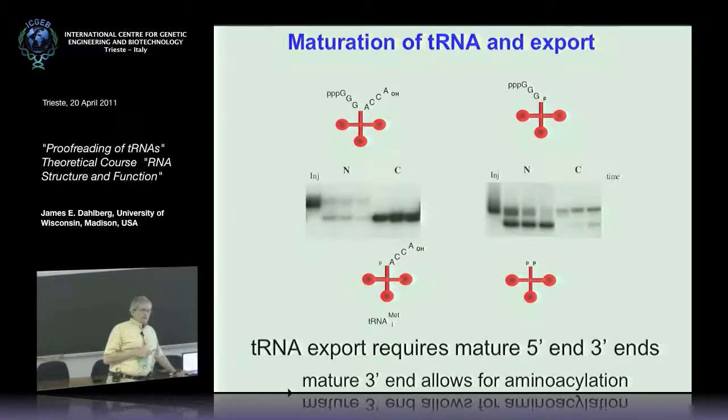So how does a cell know that the ends are mature, and that the RNA is ready to go into the cytoplasm? Well, one way you can imagine is that perhaps the tRNA has to be capable of being aminoacylated, because after all, that's what's going to happen once it gets into the cytoplasm. Okay?